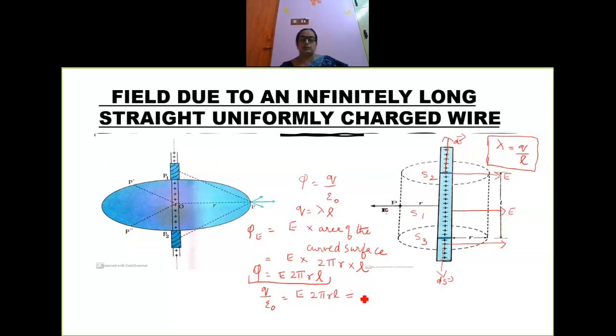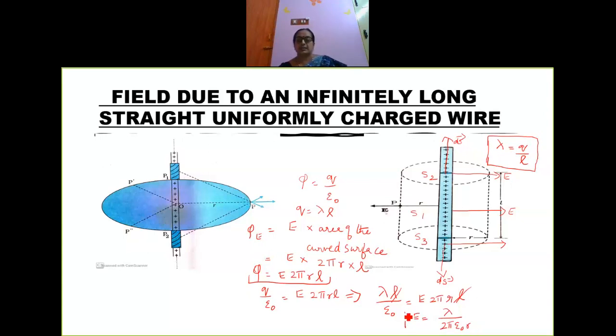And I also know the value of Q, what is the value of Q, children? It is lambda L by epsilon naught equal to E into 2 pi RL. So here L and L get cancelled. So I have the value for the electric field to be lambda by 2 pi epsilon naught R.